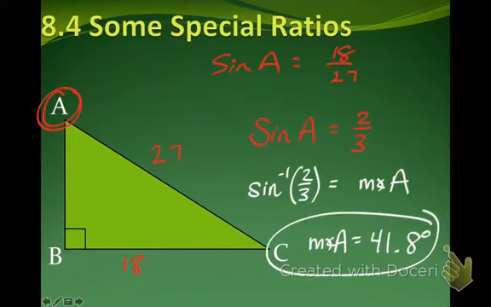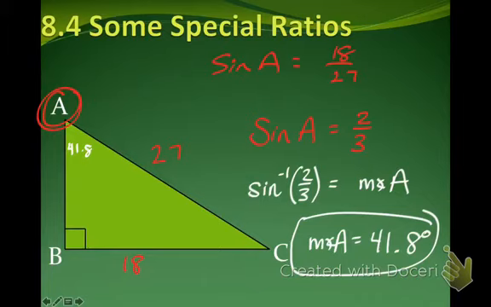And we now know the angle measure of that angle in degrees. 41.8 degrees. Having that information is hugely beneficial because now we could find angle C, we could find the side of AB, we can do anything because we have an angle measure.